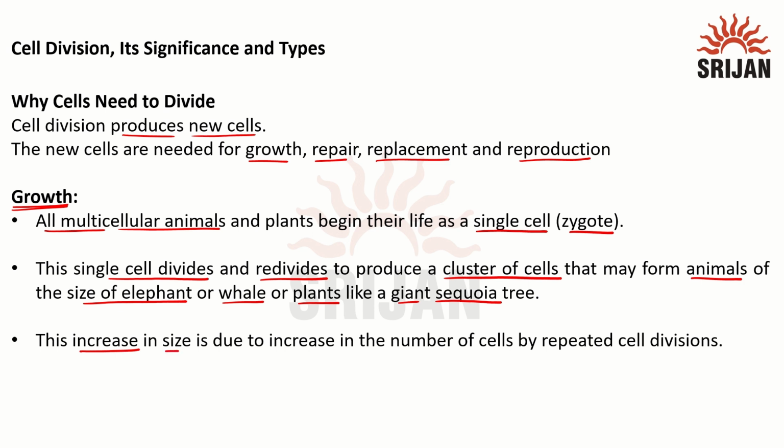This increase in size is due to an increase in the number of cells by repeated cell division. So without cell division, the zygote will never be able to make it to an embryo or to a fetus.